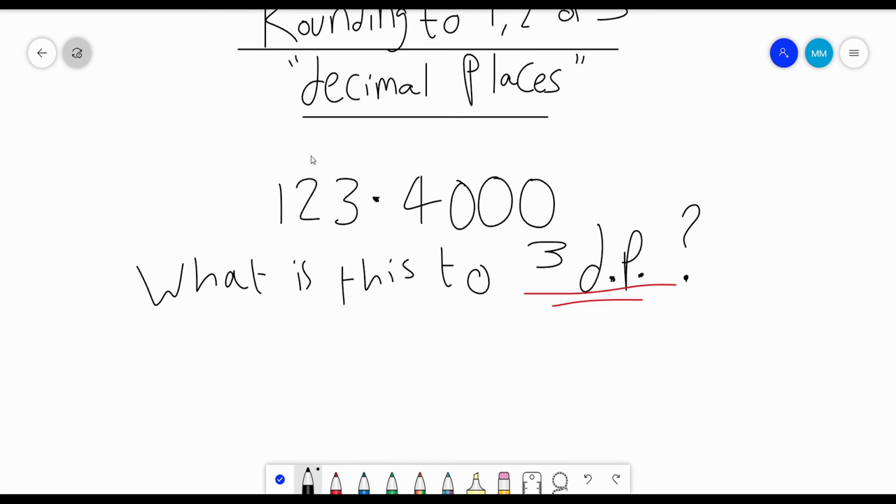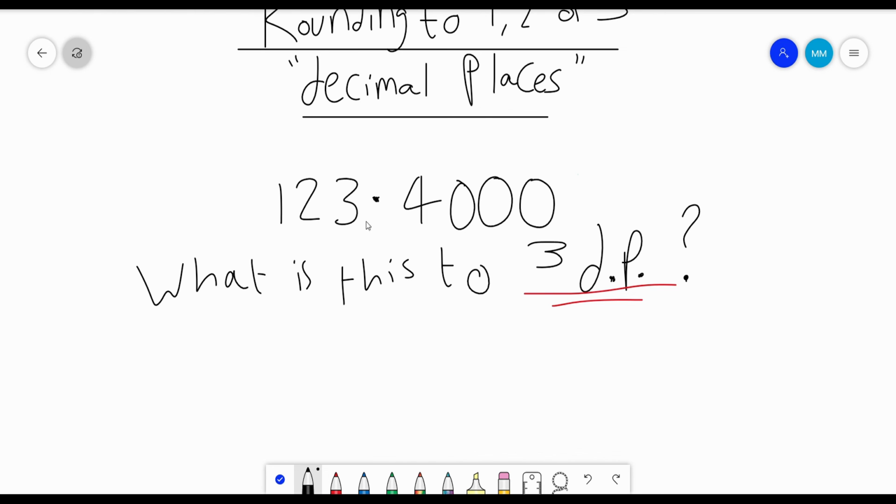So you say to yourself, well, hang on a minute. What a lot of students do is they look at this and say, well, we've got 3 zeros here, so there are no numbers because 0 is nothing. Well, although you are correct, unfortunately, in the rules of decimal places, zeros are numbers too.